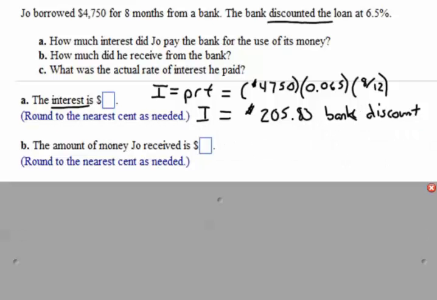The amount of money Joe actually receives then will be the original principal of $4,750 minus the bank discount, which is paid up front out of the principal. So the net amount she receives would be $4,750 minus $205.83.